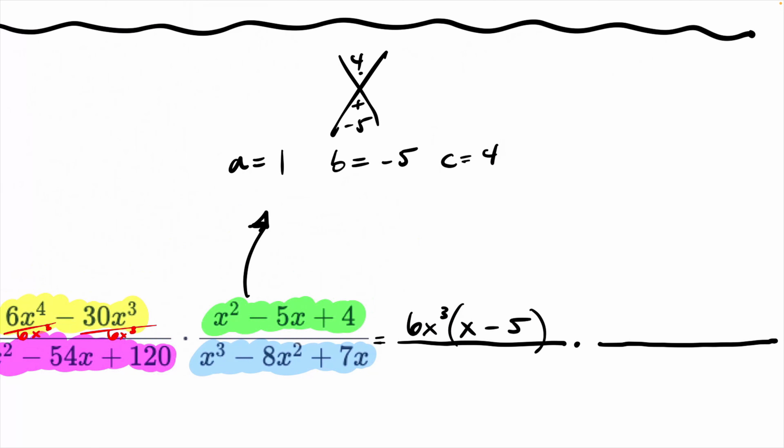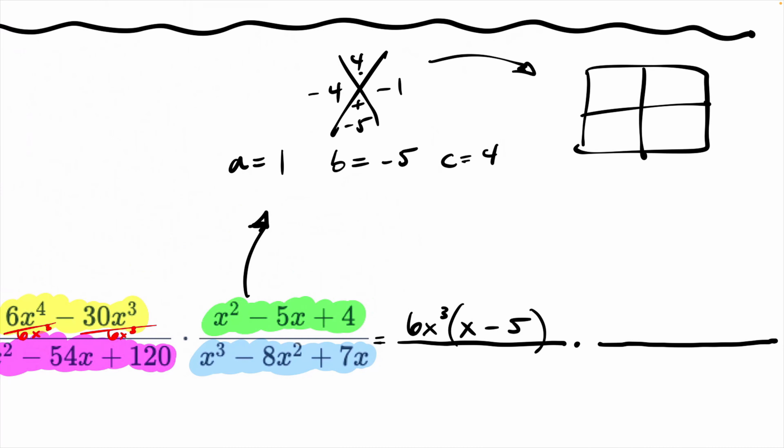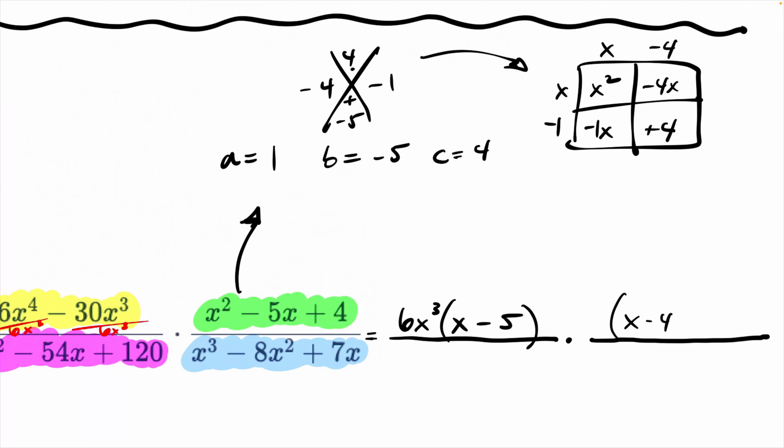So they're both going to be negative. There you go. -4, -1. X squared minus 4x minus 1x plus 4. So we get x minus 4, x minus 1. Green done.